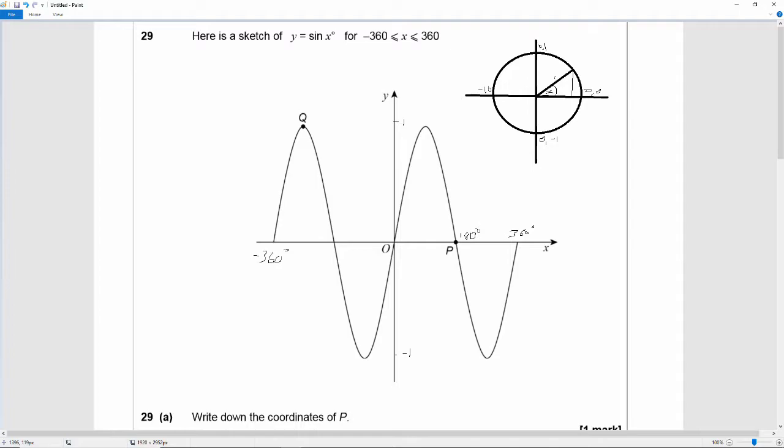So your coordinate is the distance along the x-axis, which is your cosine, because your cosine is adjacent over hypotenuse from SOHCAHTOA, and the opposite gives you your sine. So your xy coordinates are cos, comma sine. And that's basically all we need to know.